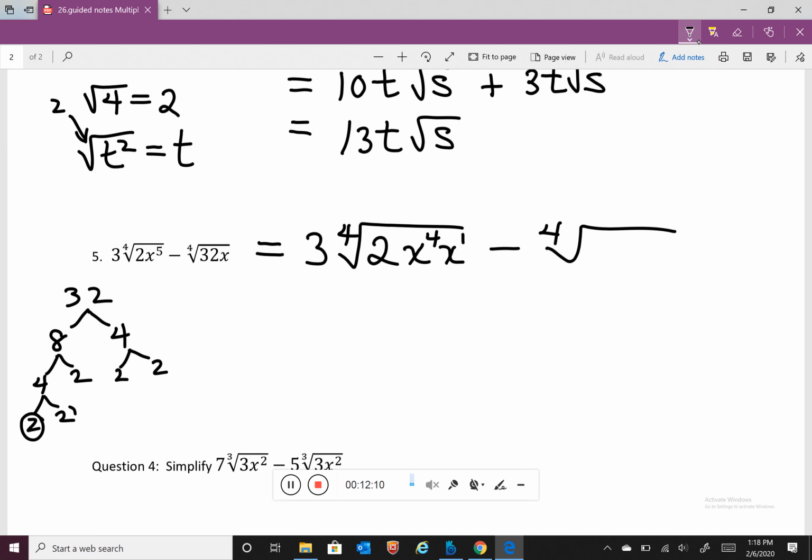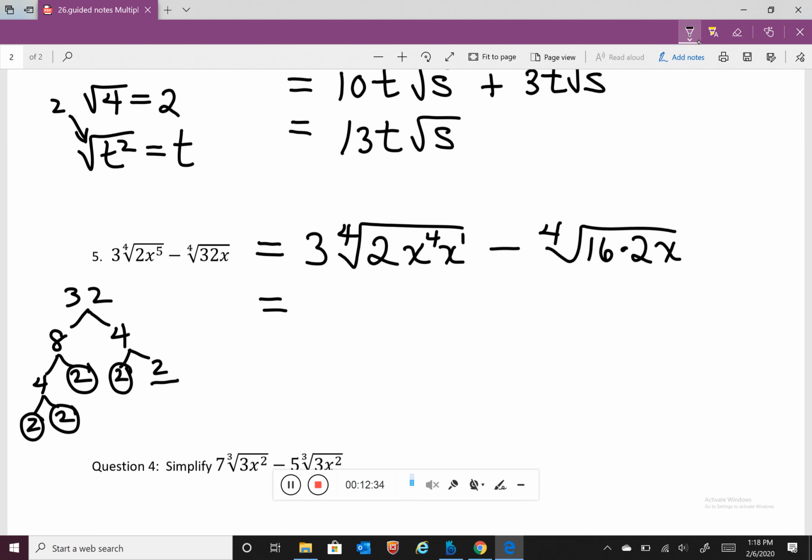We have 1, 2, 3, 4 2's, and an extra 2. And remember, 2 to the 4th is 16, so 32 is 16 times that extra factor of 2. And we still have an x there. So now we can simplify.